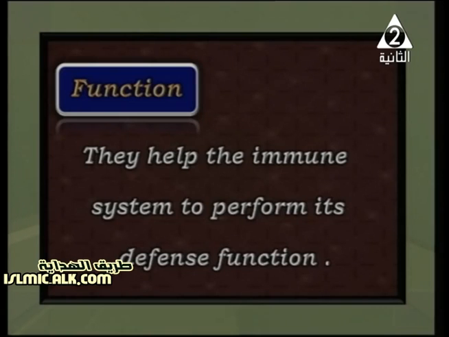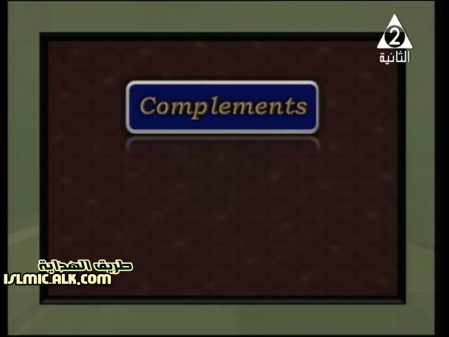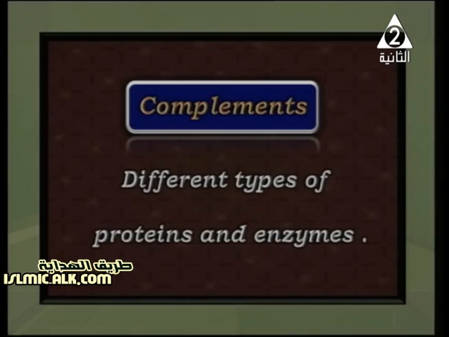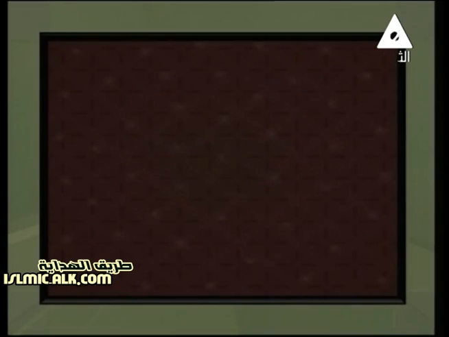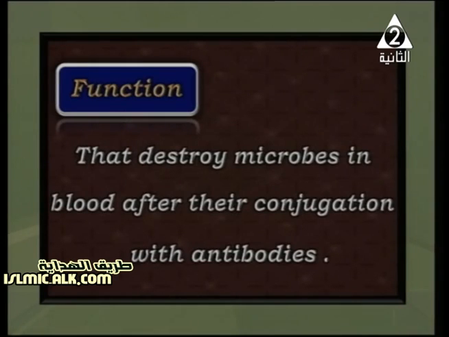Yet we also have something that completes the function of the assisting chemical substances. They are called complements. They are different types of proteins and enzymes inside your body, and they have important functions. They destroy the microbes in the blood after their conjugation with the antibodies.